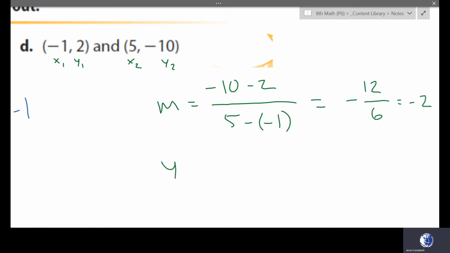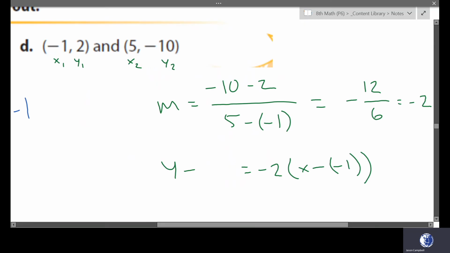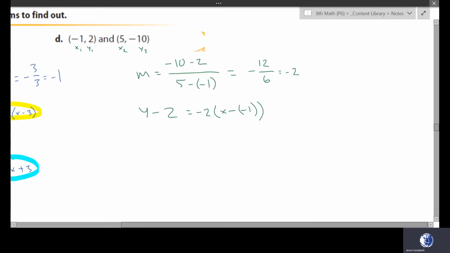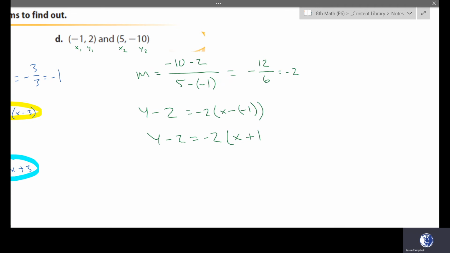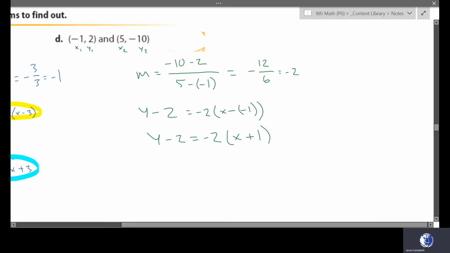So now I'm going to plug that into my point-slope formula, which is y subtract y1 is equal to my slope multiplied by x subtract x1. Oops, this should be y subtract y1. y1 is 2. I'm going to simplify my point-slope equation to be y subtract 2 is equal to -2 multiplied by x plus 1. So that's going to be my point-slope.